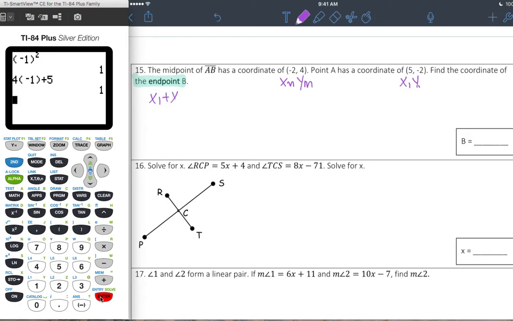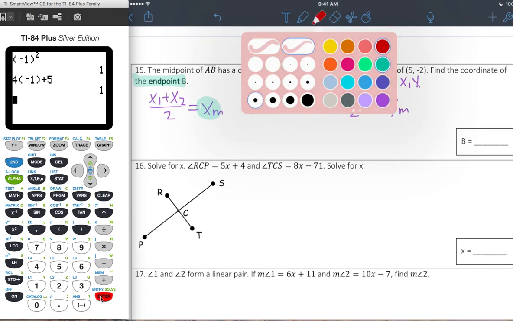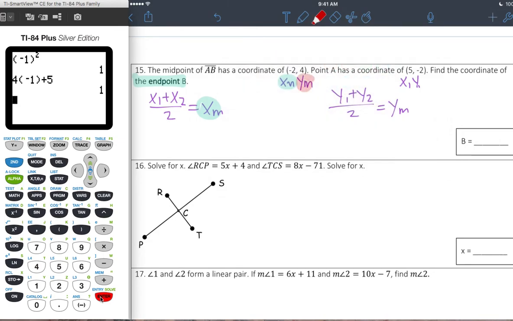x1 plus x2 over 2 equals xm. And to find y, y1 plus y2 over 2 equals ym. So we're going to be plugging in points for our xm and our ym. We're going to be solving for our missing values.